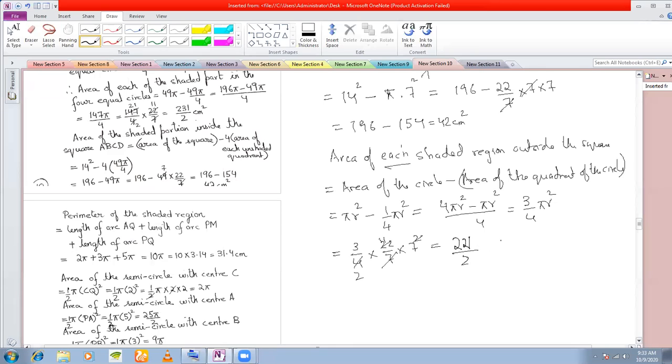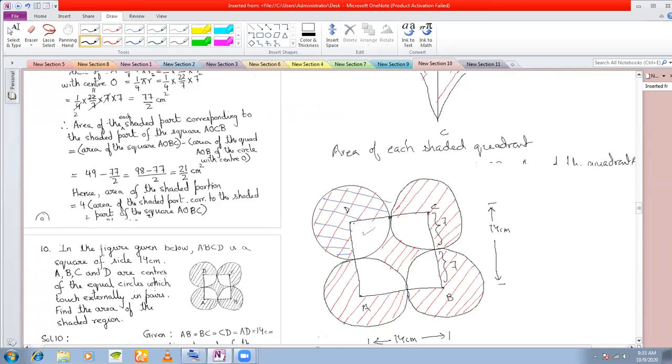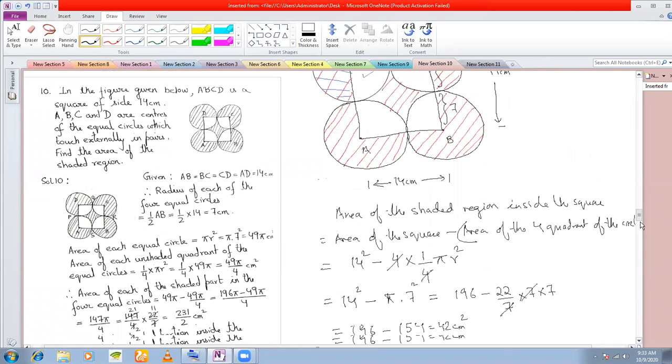So I'm getting this as 110.5 centimeter square. Okay. This is the area of each of the blue parts that I have shaded, each of the shaded region outside the square.